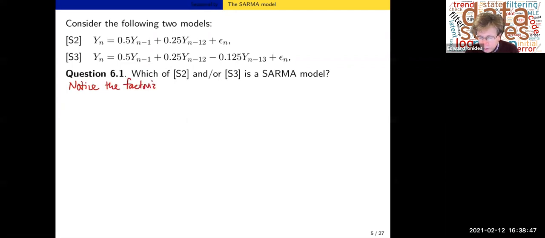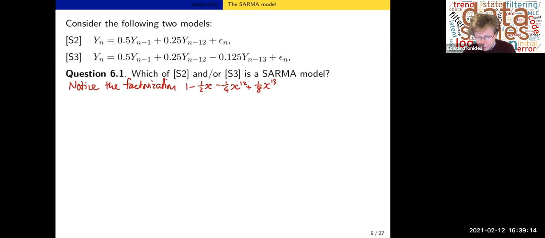The ARMA polynomial in S3 is 1 minus a half x minus a quarter x to the 12 plus 1/8 x to the 13.